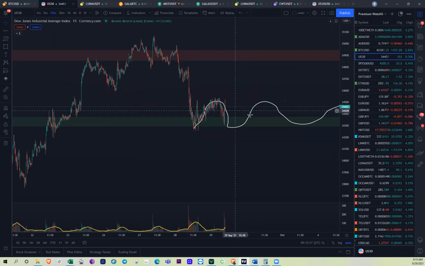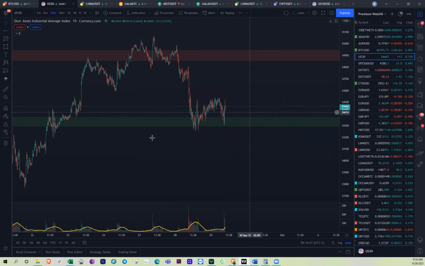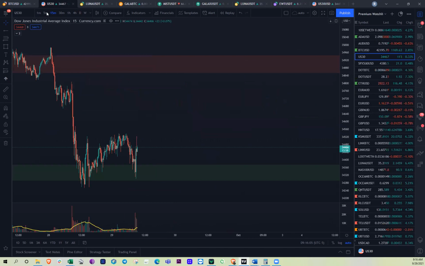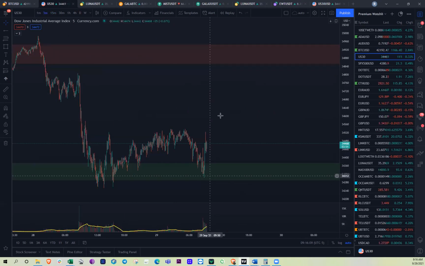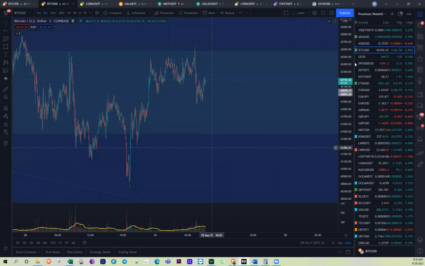Look, we had that pump off of that bottom, so it's good to know where those levels are. That's the best thing I can say. We got back into that green and shot back up. So as long as this continues to hold, I believe Bitcoin will continue to hold as well.